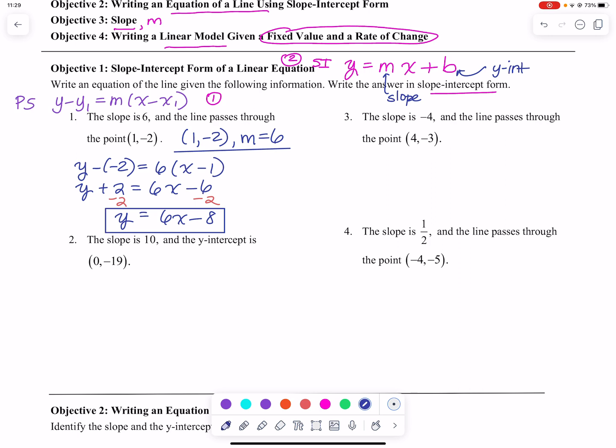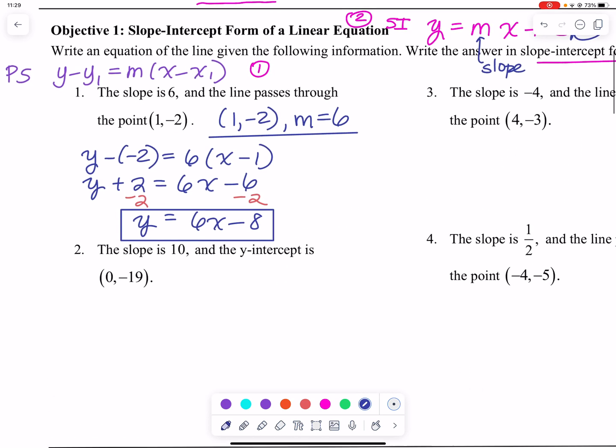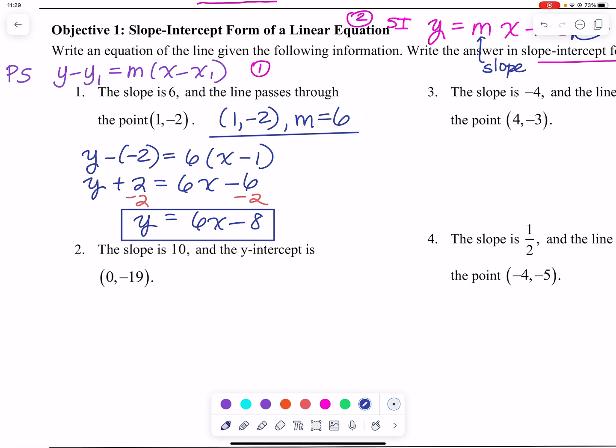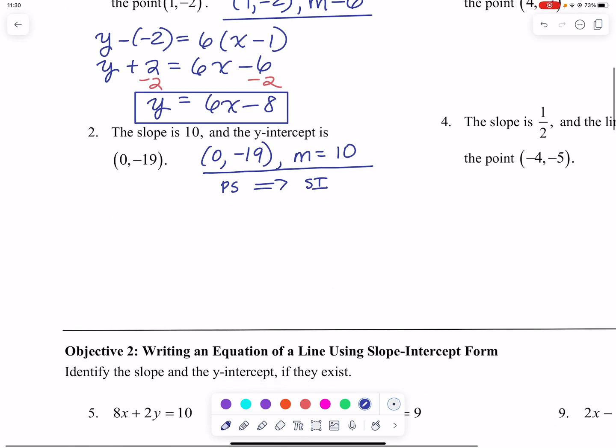Okay, let's go ahead and look at number 2. Here, the slope is 10, and the y-intercept is (0, -19). You could write the point-slope form and then go into the slope-intercept form.